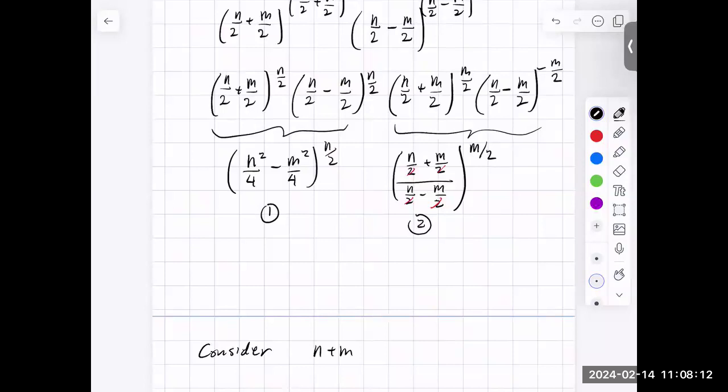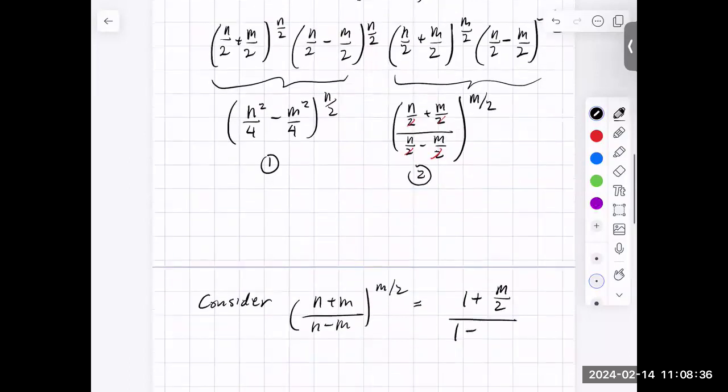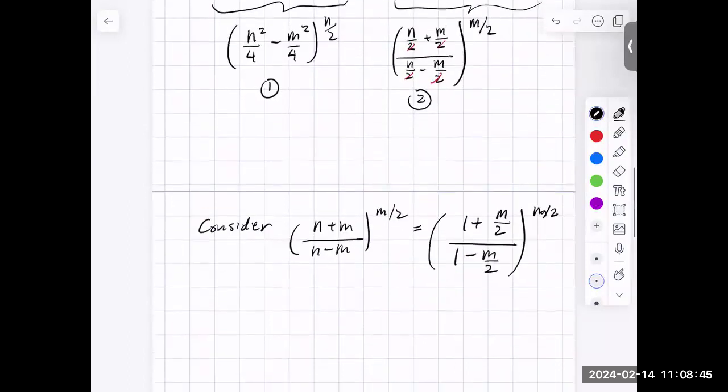this (n + m) over (n - m) to the m over 2. So what I'm going to do is pull out an n from the numerator and the denominator. Sorry, I'm being silly.